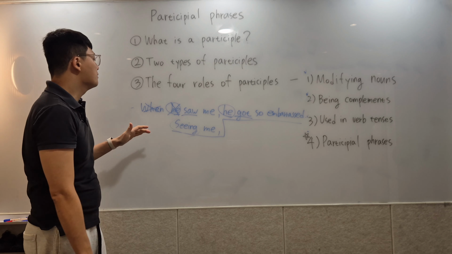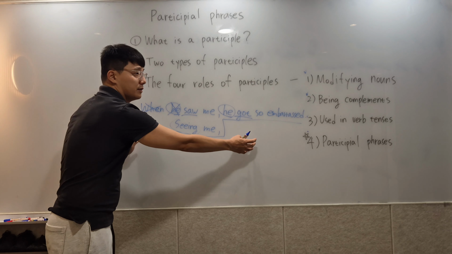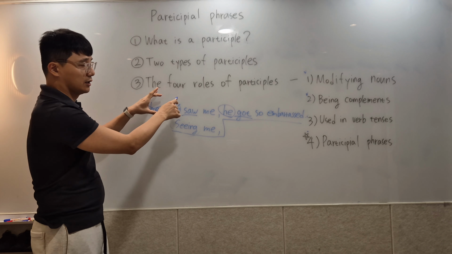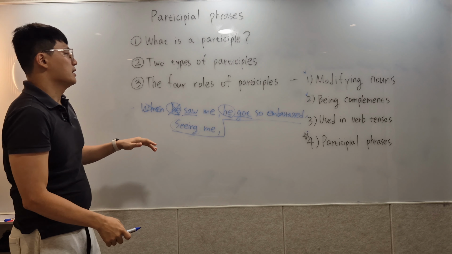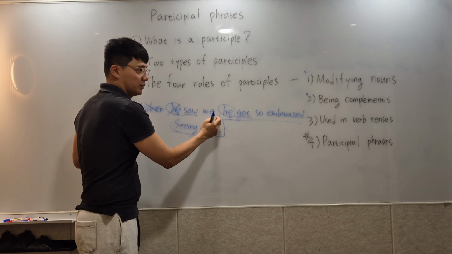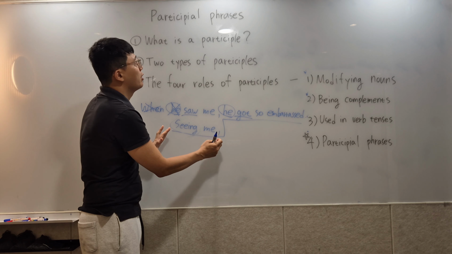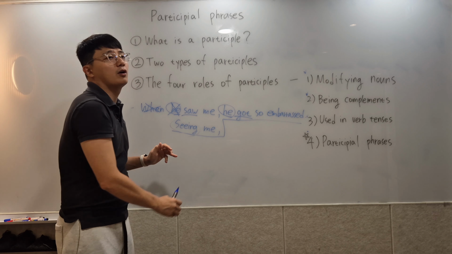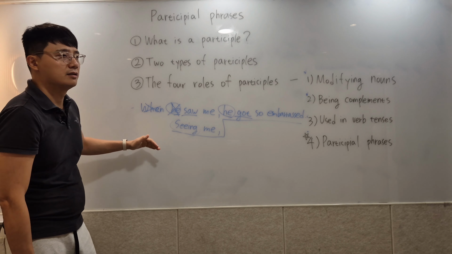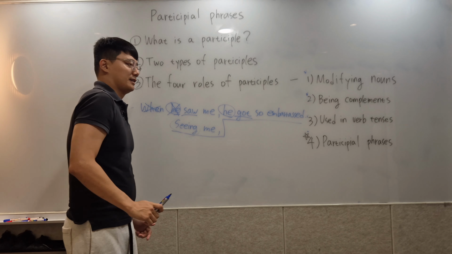To make the long sentence shorter, eliminate the conjunction and the common elements, and replace the whole adverbial clause, which is a dependent clause, with a participial phrase. That's what a participial phrase is. There can be many variations of participial phrases. Let's see them next time in another class.